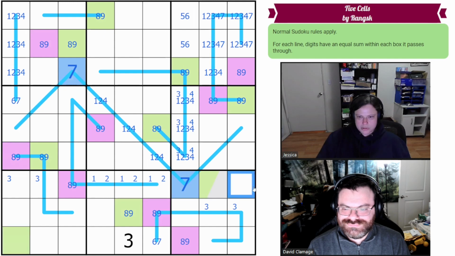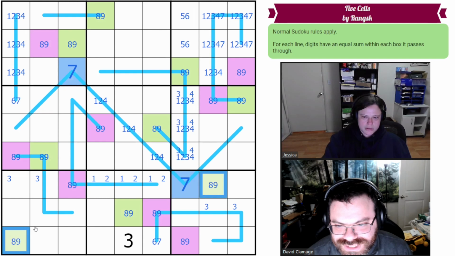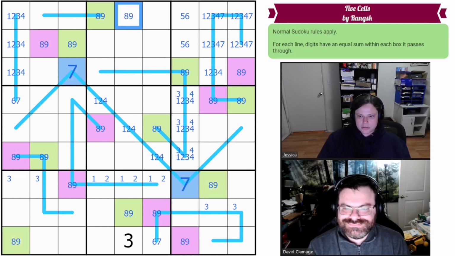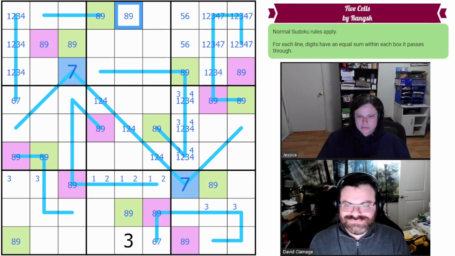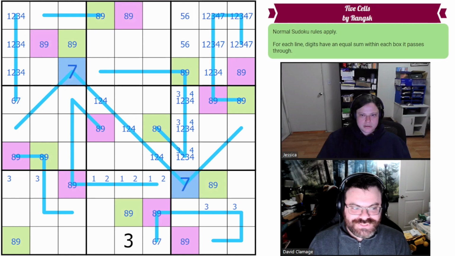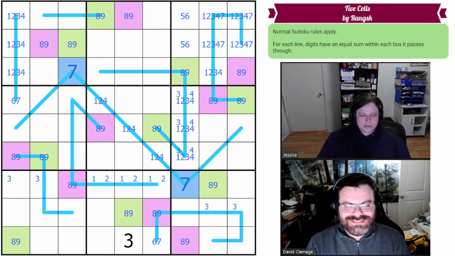Oh, I can do this one. This one's green. Cool. Is that all of them? Looks like all of them. Oh no, you're missing one purple. I'm missing a purple. Oh, it's here. Purple. Cool. So you kind of know where all the 8s and 9s are now. I know where they are. I just don't know which one's which.